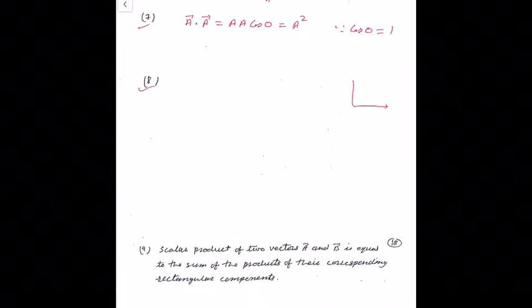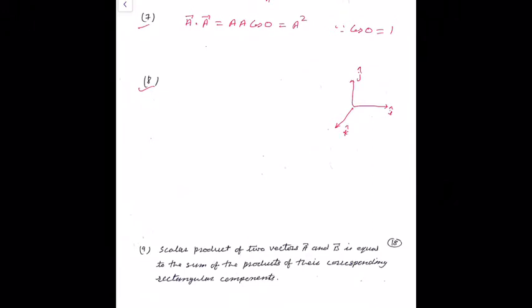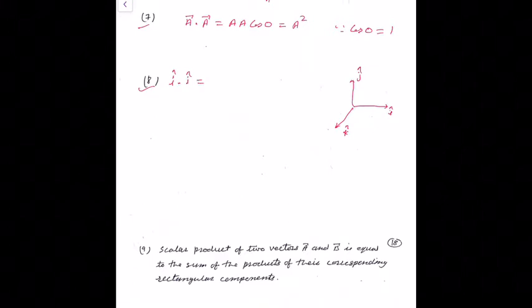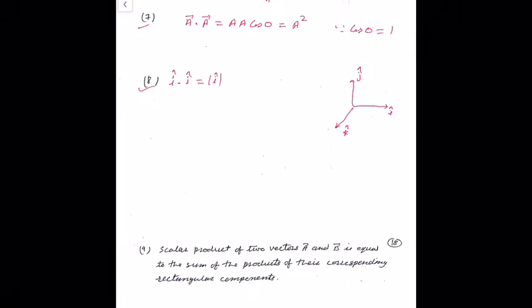Next, eighth, scalar product of unit vectors. Unit vectors in the x direction i cap, in the y direction j cap, and in the z direction k cap. i cap dot i cap is equal to magnitude of i cap times magnitude of i cap cos 0.